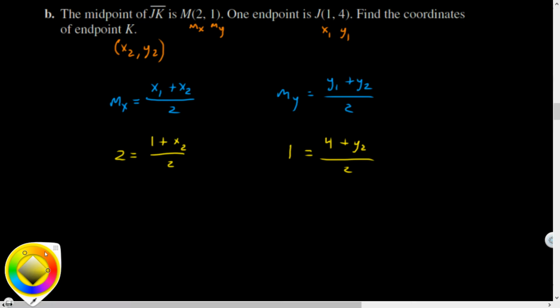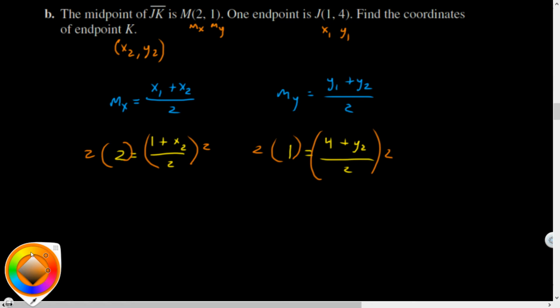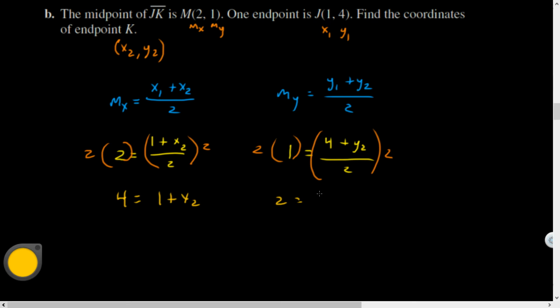But to solve for what I don't know, this is all being divided by 2. I would multiply both sides by 2, and it's the same step. Let's just do, you guys always solve 2 equations at once, don't you? 4 equals 1 plus x sub 2, and 2 equals 4 plus y sub 2.